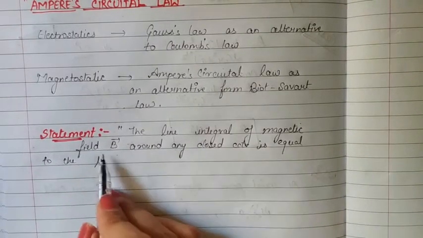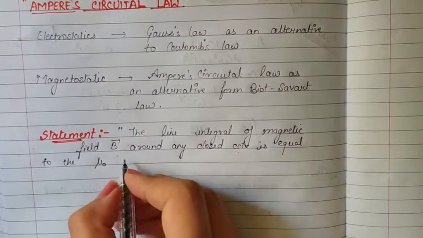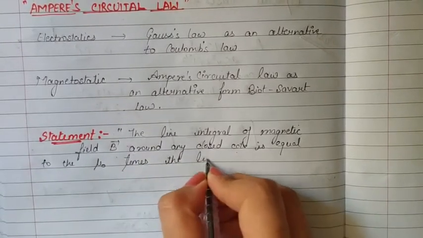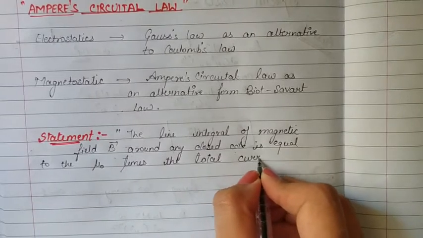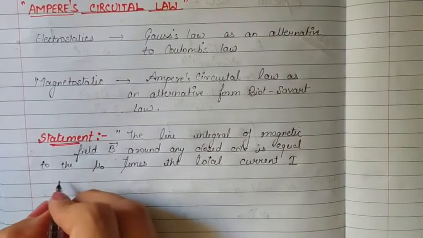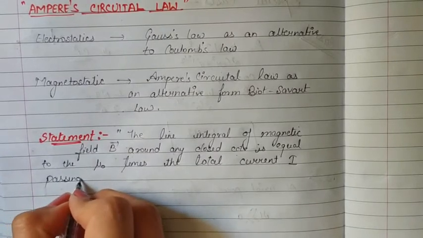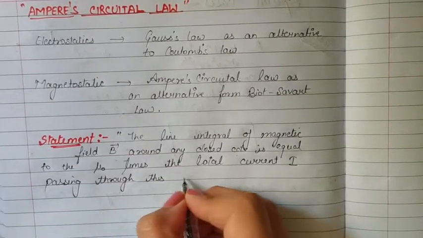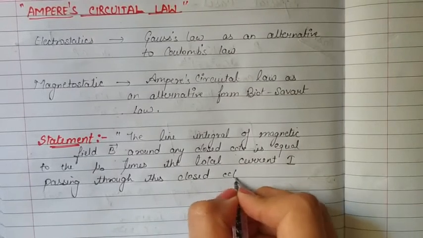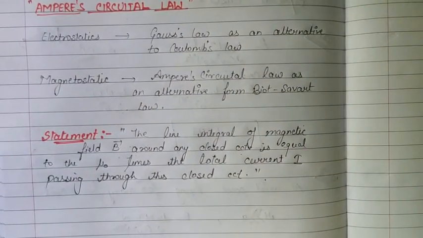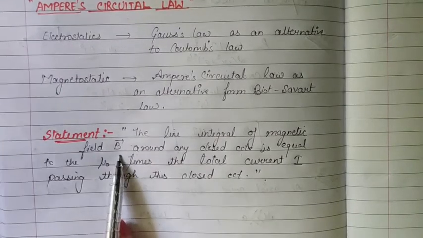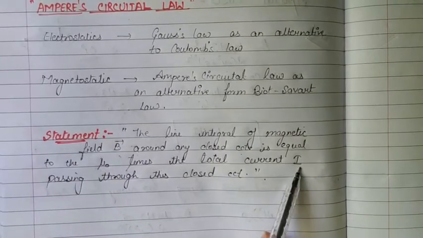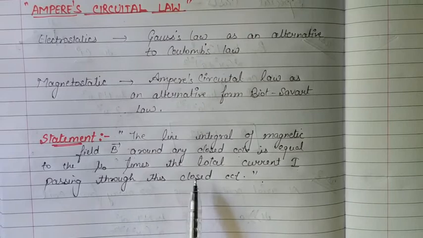So the line integral of B vector around any closed circuit is equal to mu naught times the total current capital I passing through this closed circuit, right?